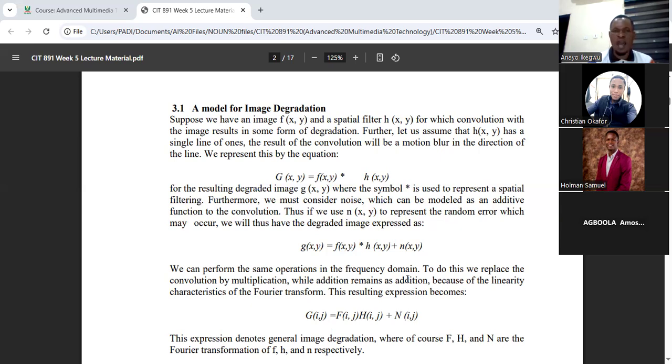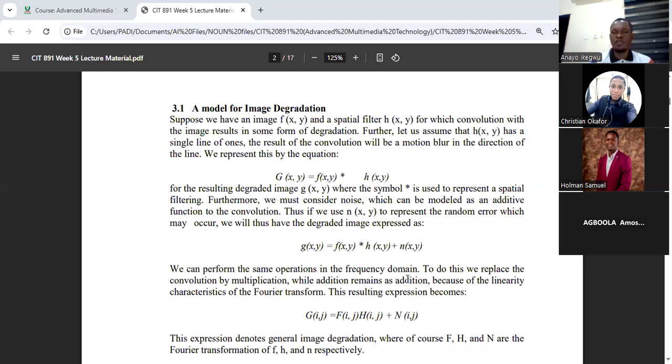Take for instance, suppose we have an image function with X and Y axes, for which convolution with the image results in some form of degradation. Nevertheless, let's assume that h with the two coordinates x and y has a single line of ones.